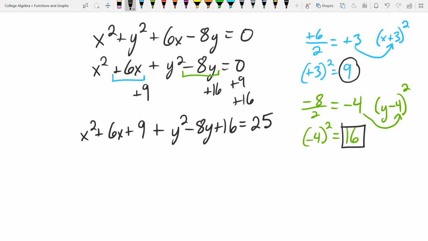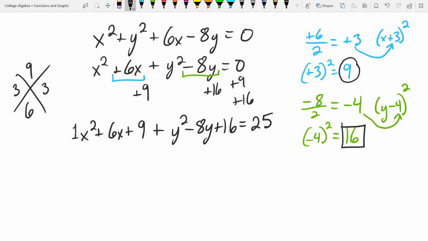All right, you can use the AC method if you want on x squared plus 6x plus 9. If you did that, you'd see that we have a times c is 9, b is 6. Two numbers that multiply to give 9, add to give 6 is going to be 3 and 3.